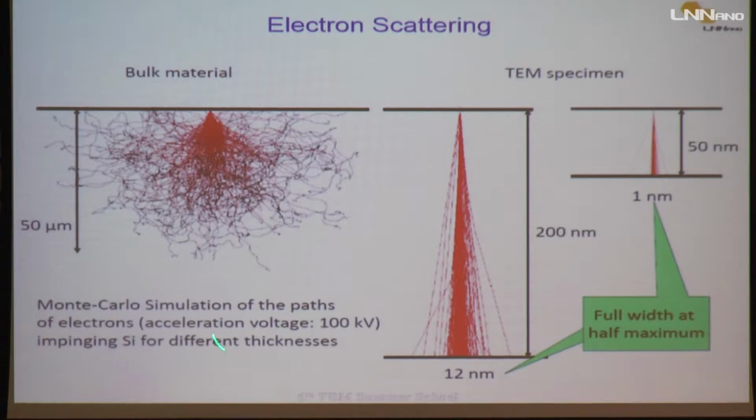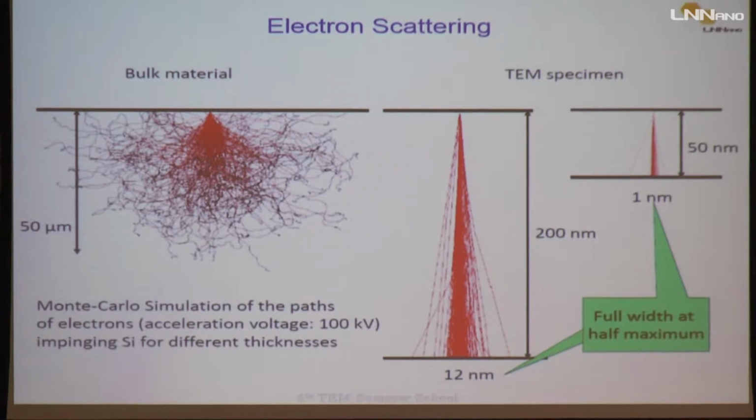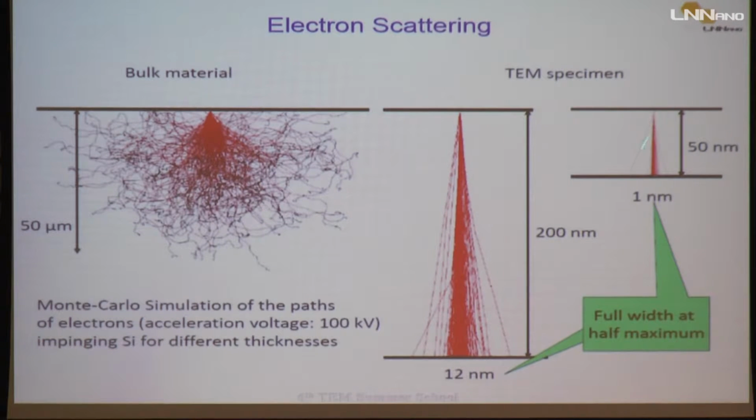Okay. When you go to a TEM specimen, you have a thinner sample, and here you have 200 nanometers, comparing with a sample of 50 nanometers.